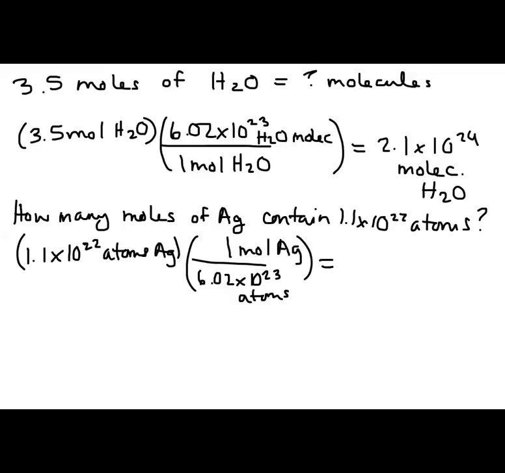So because you're dividing a smaller number by a larger number, it's going to be a fraction of a mole, and you get 0.018 moles of Ag. Exactly. So if you're asking how many bigger things in a smaller thing, the answer is going to be less than 1.